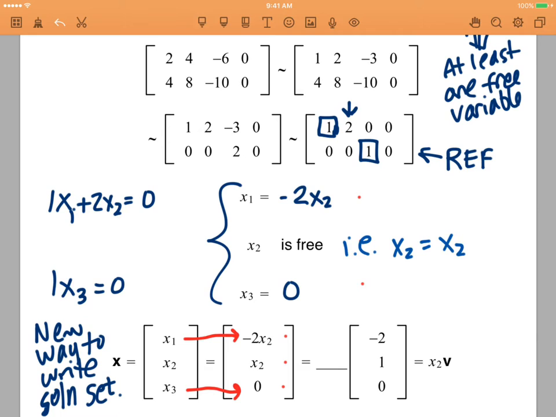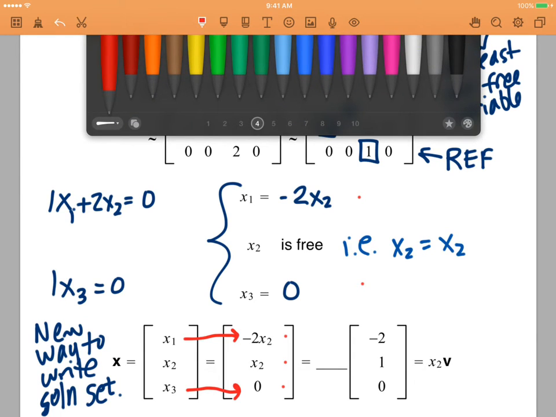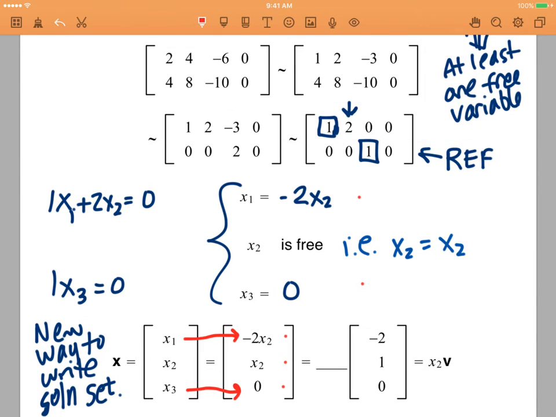I know that's a little strange. It'll make more sense in a second, but when you're writing it in terms of an equation, you just write it equal to itself. And then the whole point is everything is written in terms of x2, which is our free variable.